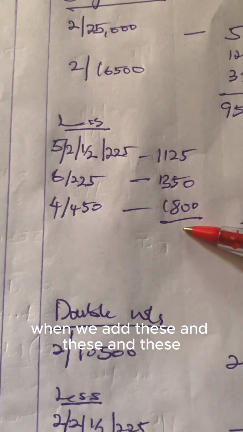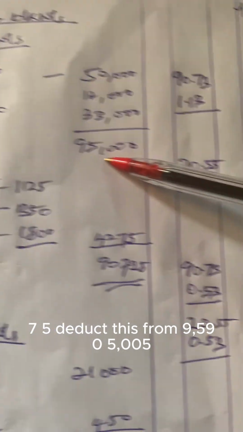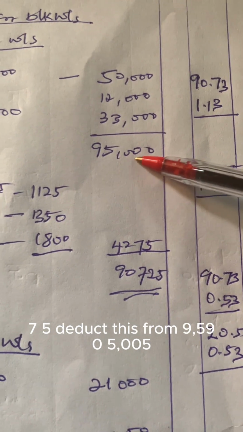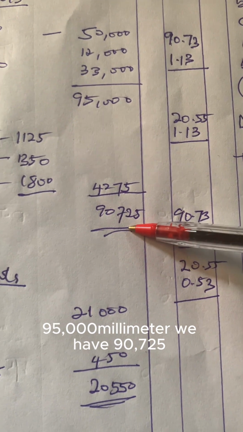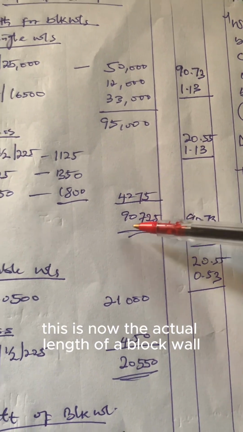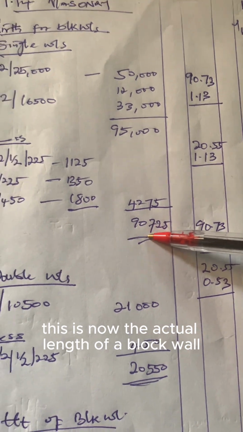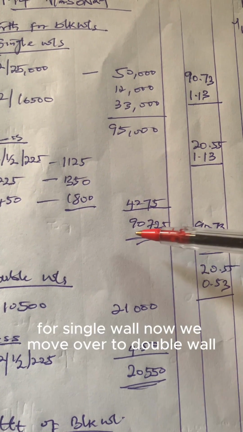When we add these and these and these, it will give us 4,275. Deduct this from 95,000 millimeter, we have 90,725. This is now the actual length of block wall for single wall.